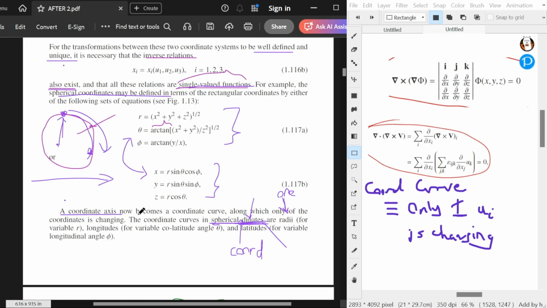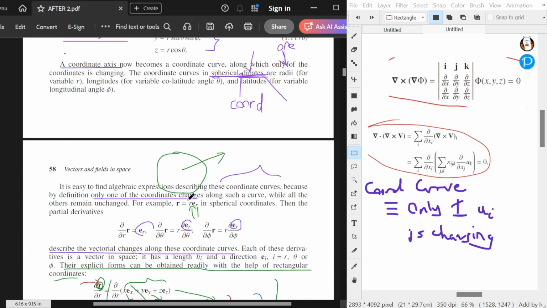Okay, a coordinate axis now becomes a coordinate curve, defined in terms of rectangular, along which only one of the coordinates is changing. The coordinate curves in spherical coordinates are radius, theta and phi, along which only one of the coordinates is changing.